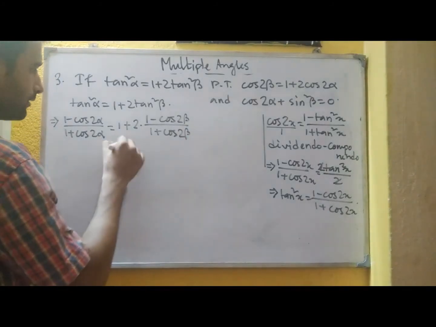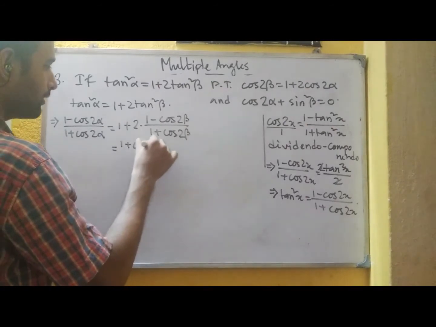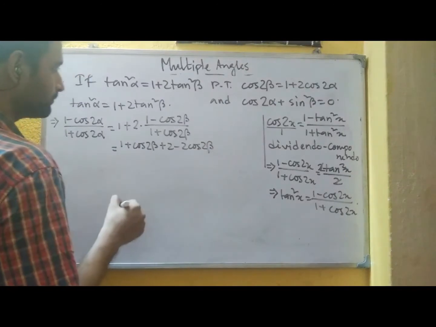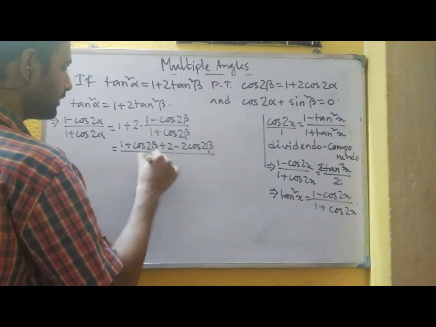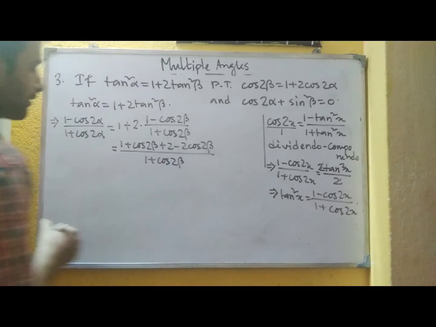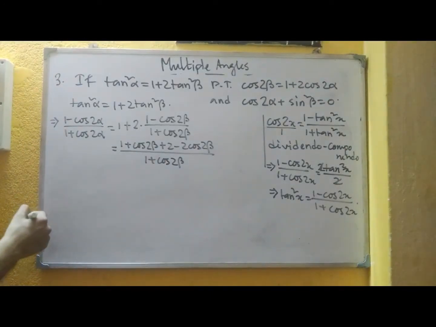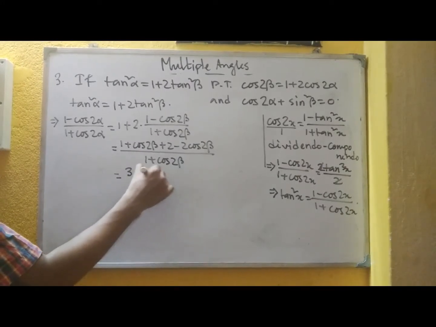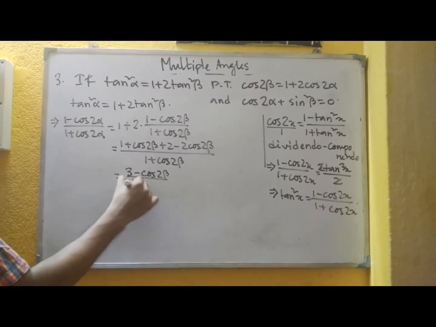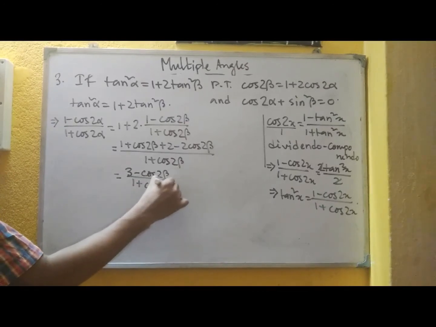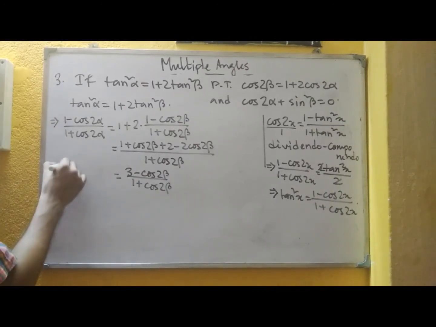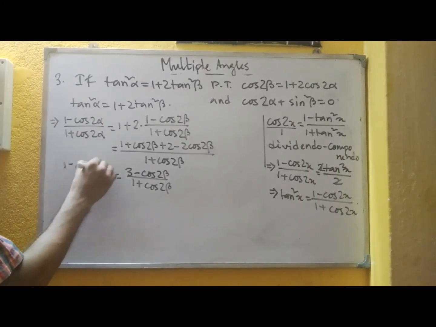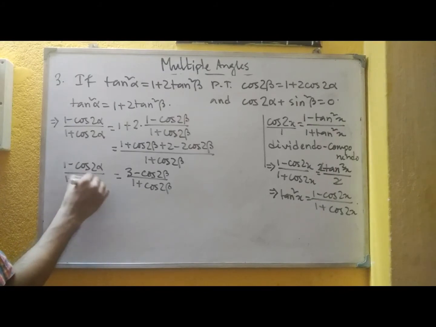After a one-step calculation, we get 1 plus cos 2 beta plus 2 minus 2 cos 2 beta, whole divided by 1 plus cos 2 beta. So the left hand side is the same, and here it is 3 minus cos 2 beta divided by 1 plus cos 2 beta, and here it is 1 minus cos 2 alpha divided by 1 plus cos 2 alpha.